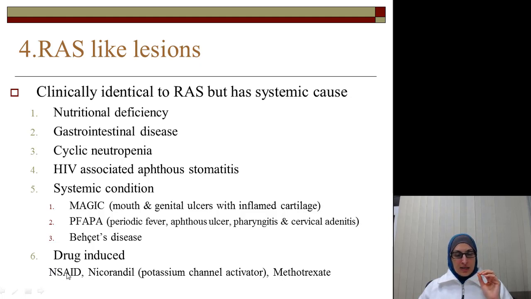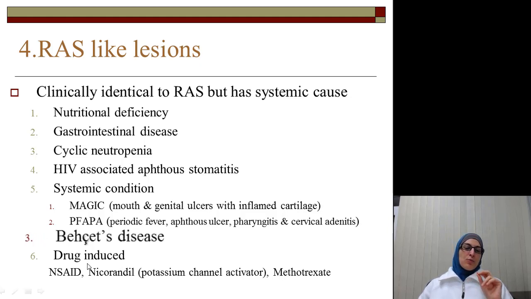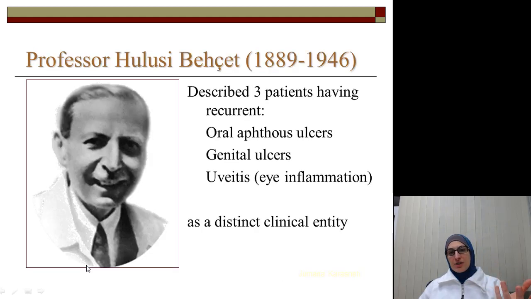You can know that by asking if there's a coincidence between starting this medication and the development of the ulcer, and the ulcer would resolve by stopping this medication. So we will focus more on Behçet's disease only because it is a common condition in our part of the world.